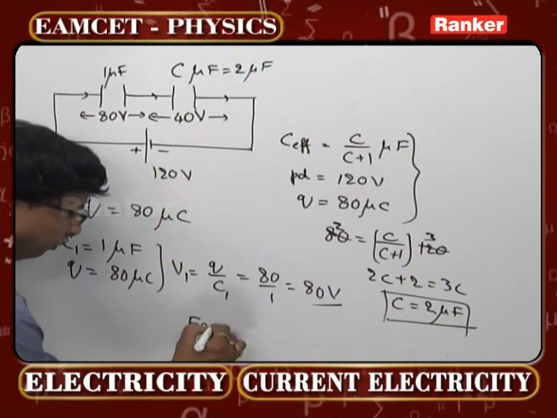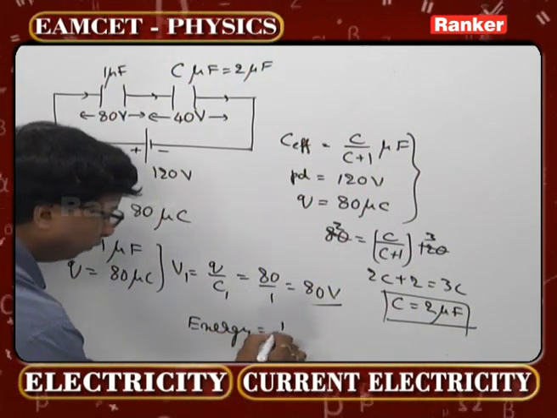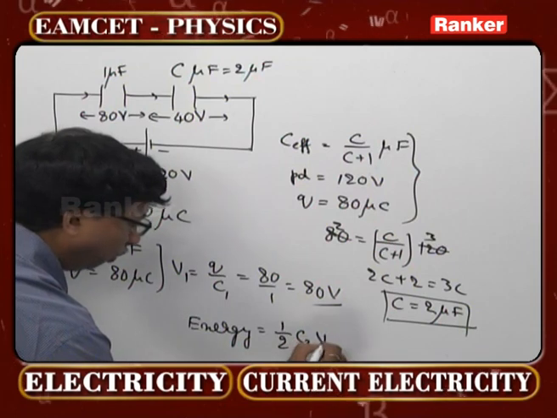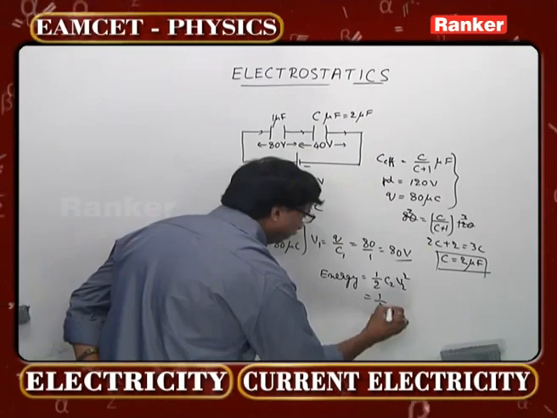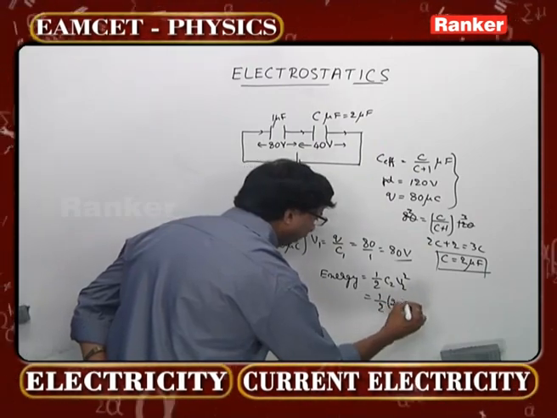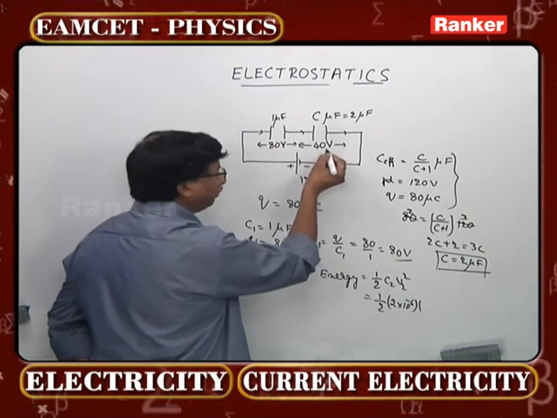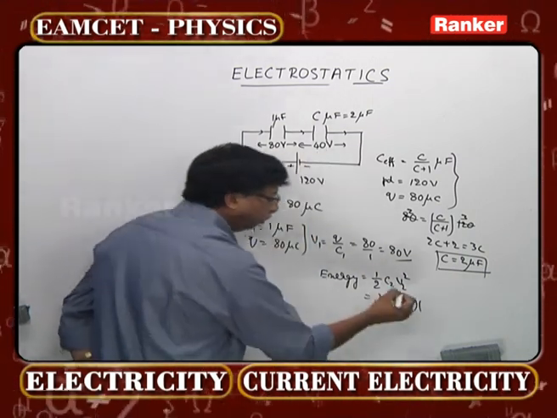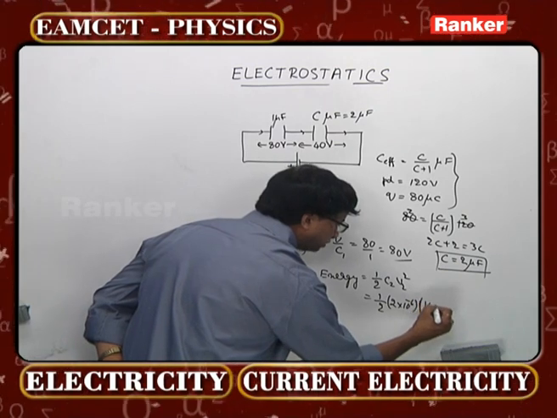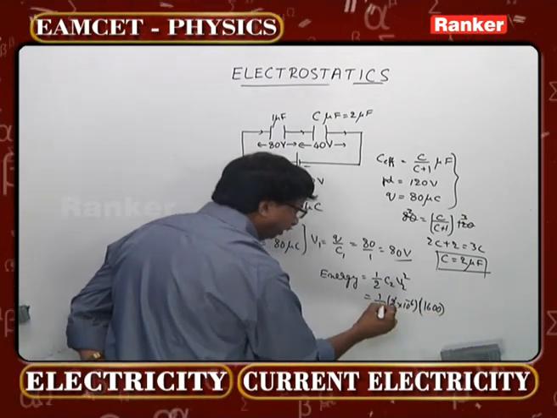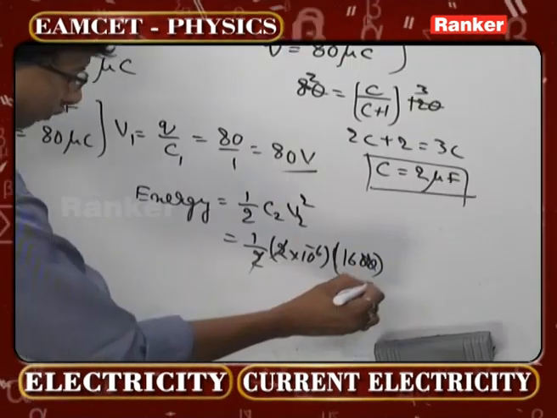Energy now is going to be half CV square, C2 V2 square. C2 is how much? 2 microfarad into what is the potential difference across that one? 40 whole square. It now becomes 1600. Cut this 2 off. These two zeros you can cut them off.